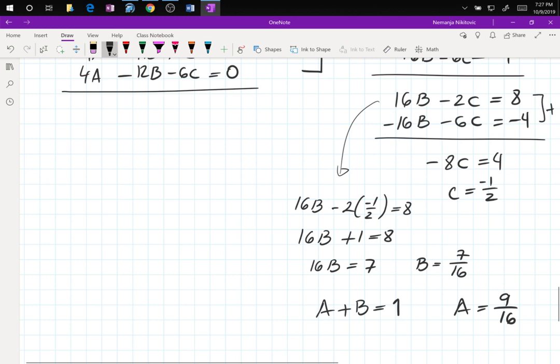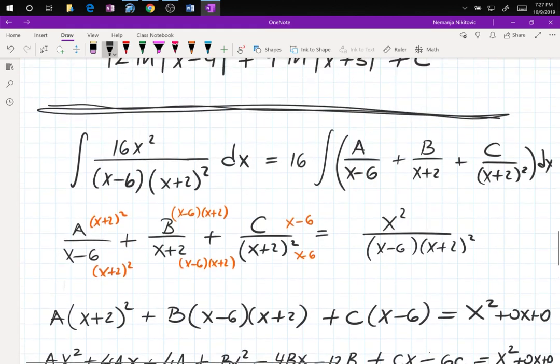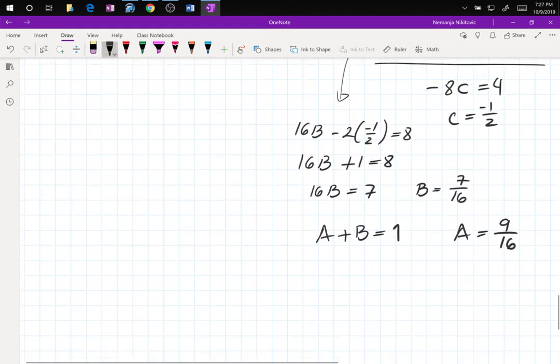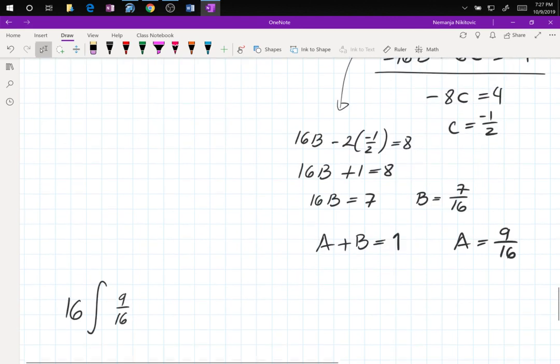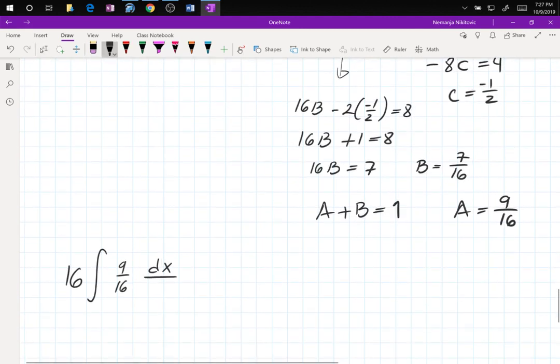So there they are. This time I'm not going to forget the constant, which is 16. So now I have 16 integral, and now I have my a, which is 9 over 16. That's not a 6, oh, here, 16. Fixed. So you gotta fix these quick. X minus 6, so dx over x minus 6.